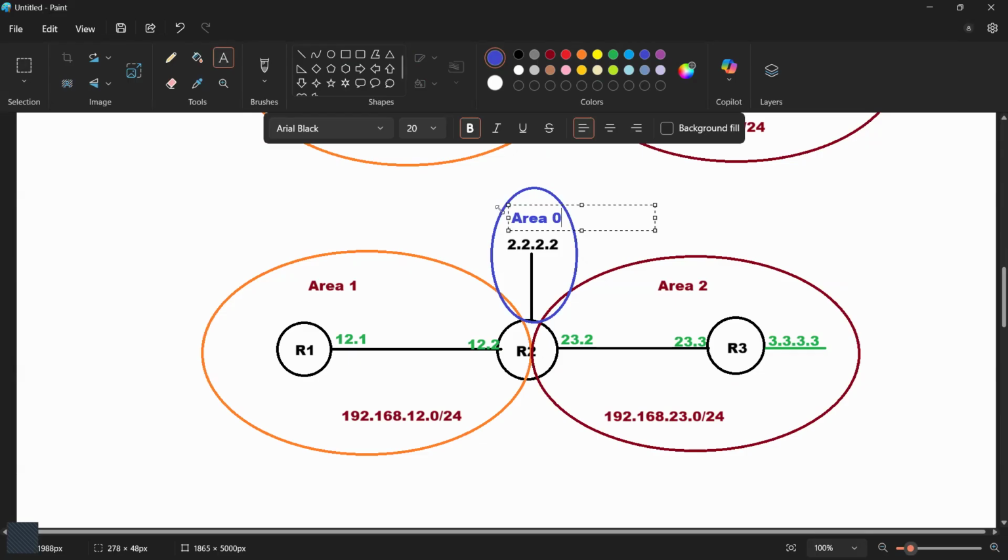Now they are connected. As soon as I do this, automatically they'll start communicating. Automatically, your R1 will start communicating with R3.